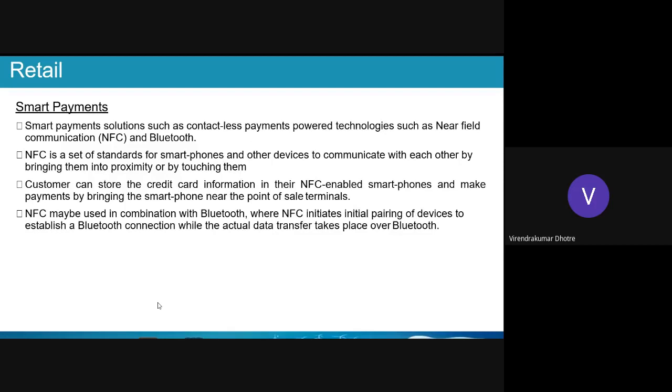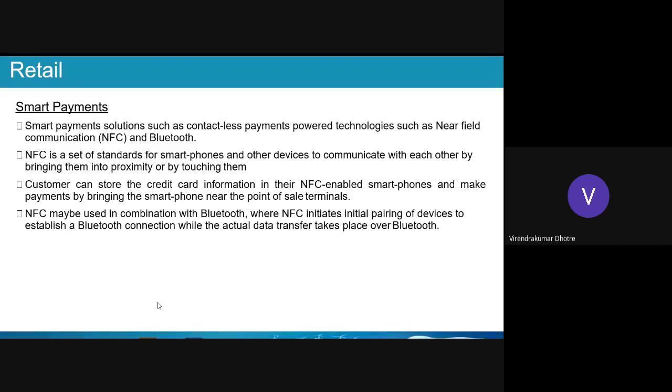NFC is near field communication, based on a Bluetooth and Wi-Fi kind of system, where our smartphones are used. If your smartphone has the NFC facility, just holding it in front of a particular kind of device, we can make payments.